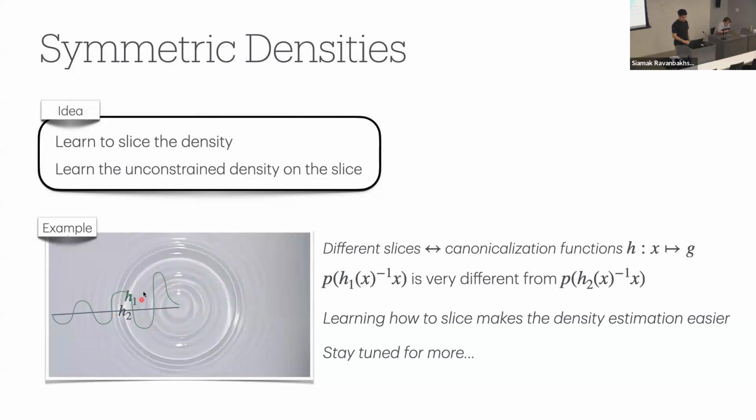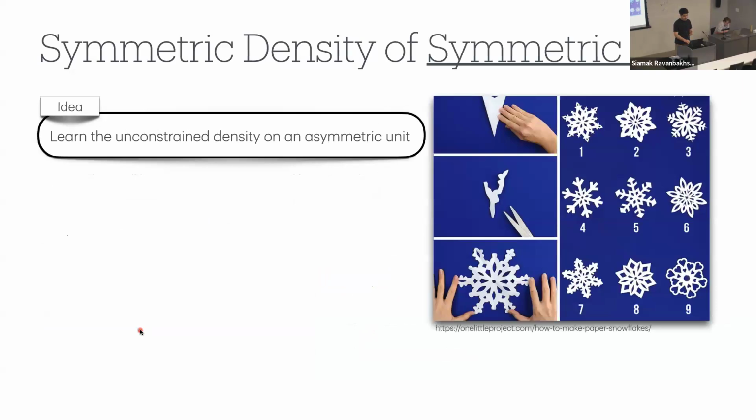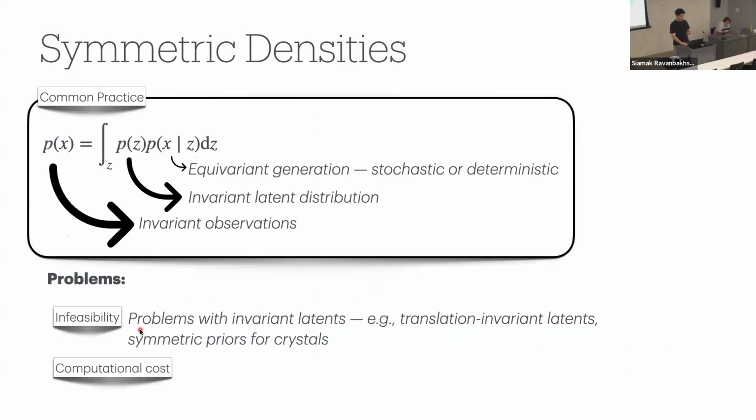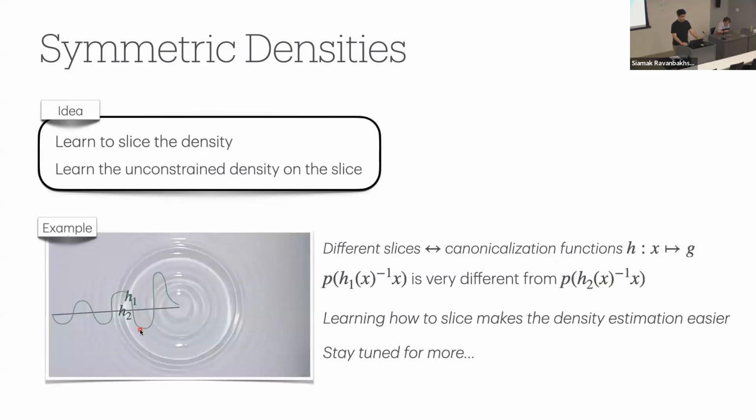These slices correspond to different ways of canonicalizing your input, and the corresponding densities could be very different. So by slicing the density, you could make the corresponding projection on the slice simple or difficult. This is what we are seeing also in our experiments, that it does help learn an invariant density if you learn how to slice that density.